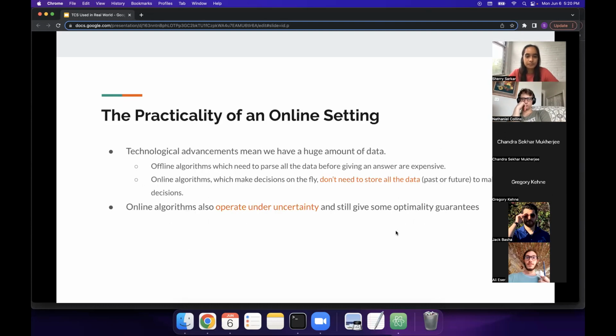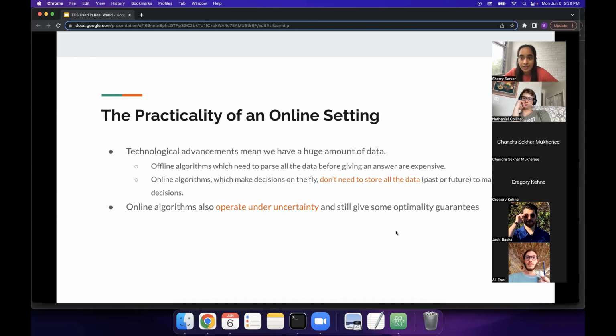This is the goal. Let me take a step back here and talk about why we care about the online setting. As we all know, technological advancements have brought forward a huge amount of data. Offline algorithms take in all the data at once, do a computation and return an answer. They need to parse all the data, and that can be expensive when you have a huge amount of information. Online algorithms make decisions on the fly.